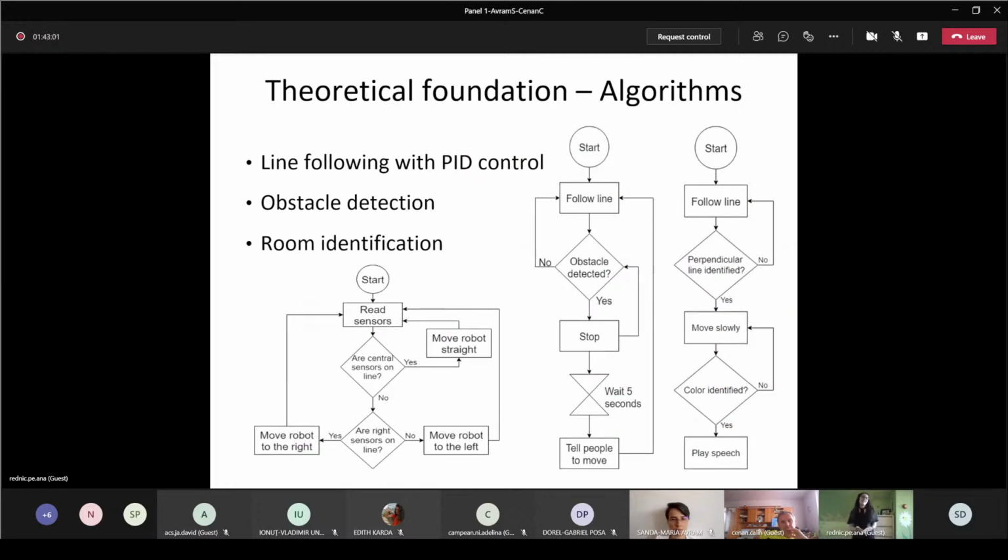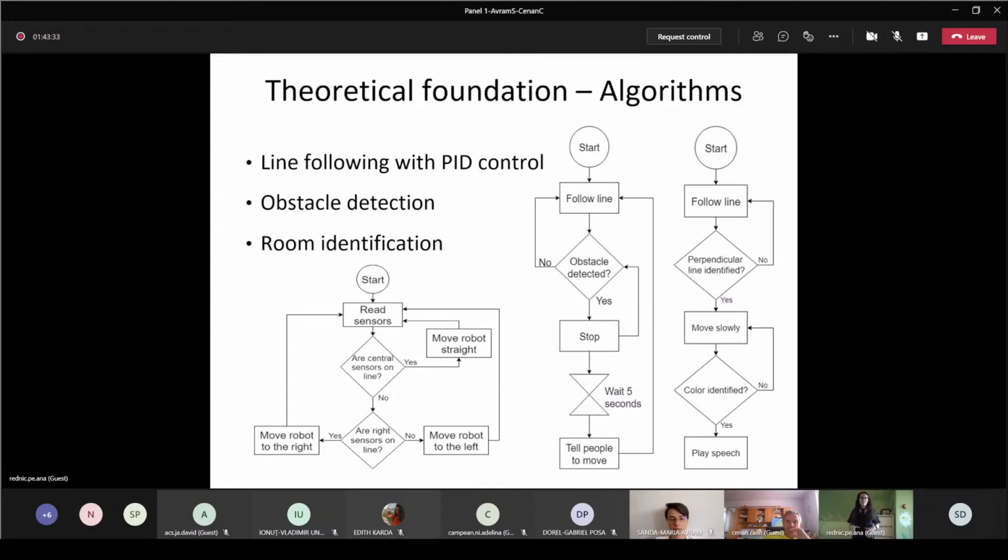The robot has a series of custom-made algorithms. The line following algorithm receives readings from a line sensor. If the central sensors are detecting the line, the robot continues to move straight. If the right sensors detect the line, then the robot should take a left turn. Accordingly, it happens for the left sensors. When visitors cross the robot's path, it should stop and continue only when its path is clear.